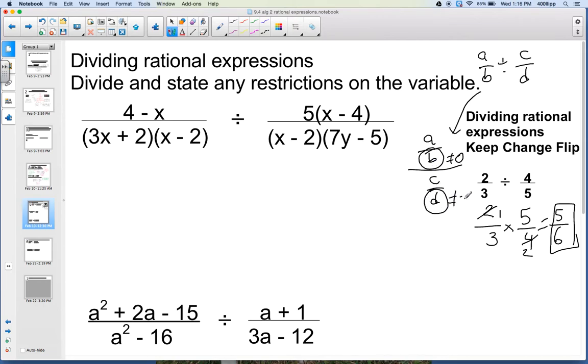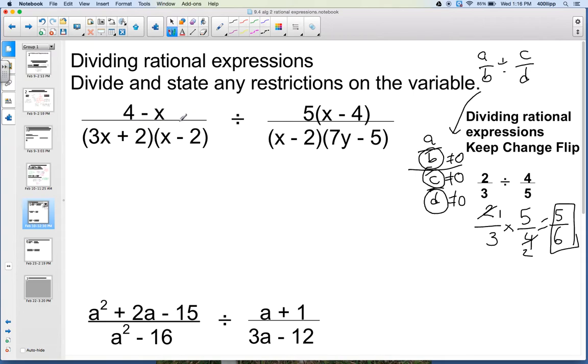D cannot be 0 because it's in the denominator. But then also C cannot be 0 because if C is 0, it will make this entire fraction 0. So also C cannot be 0. So all of these cannot be 0. The only one that can be 0 is this first numerator.